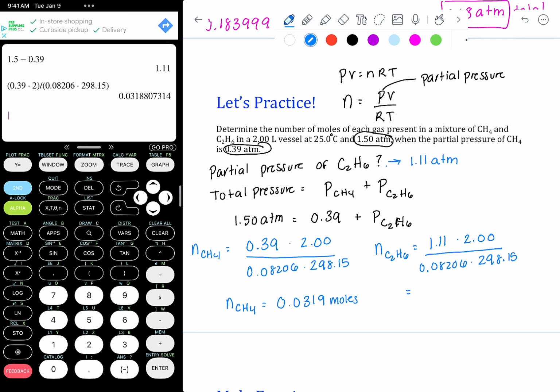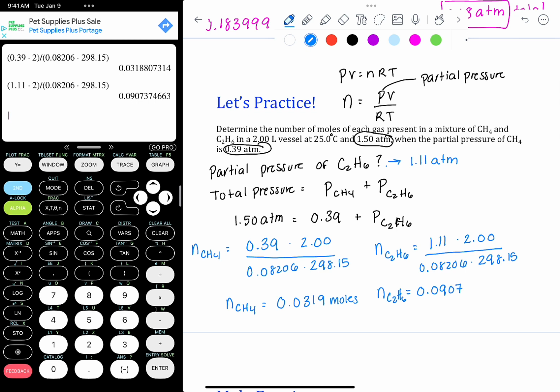So now it's just plugging it in. 1.11 times 2 divided by 0.08206 times 298.15. And we get number of moles of C2H6 to be 0.0907. And those are the final answers for that problem.